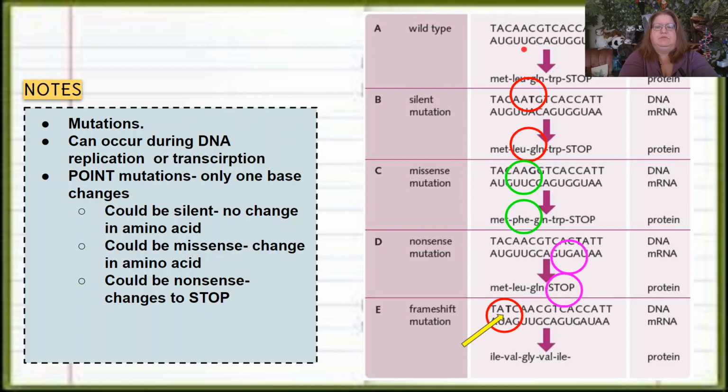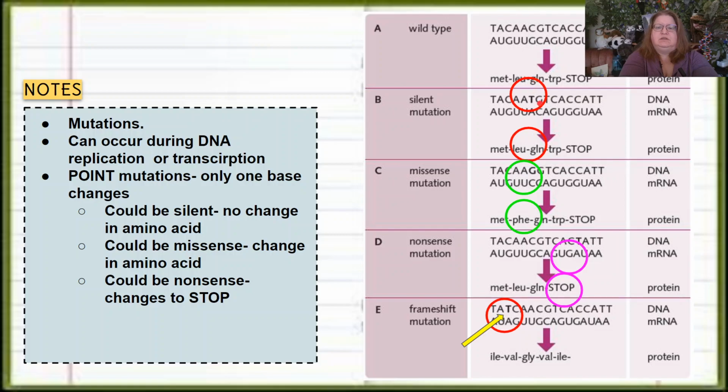The DNA and the RNA could be changed, but the amino acid does not, and this often happens if it's that third base in a codon, because remember there's some redundancy in the mRNA codon chart. There can be more than one codon for an amino acid, and often it's that third nucleotide that has that wobble. It can change a little bit.